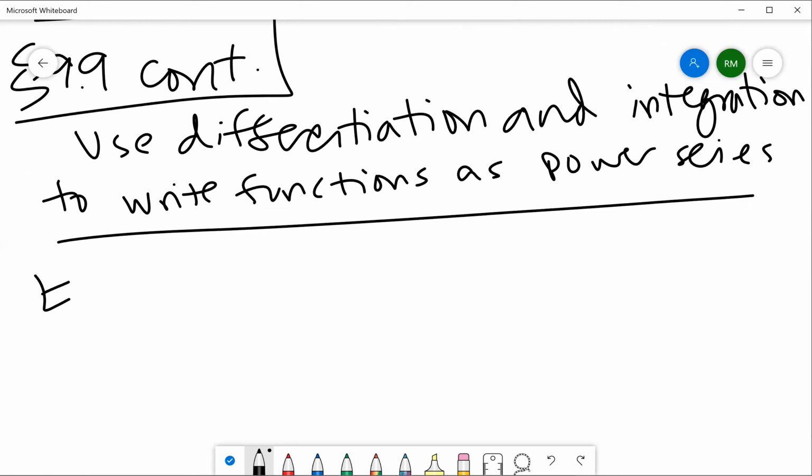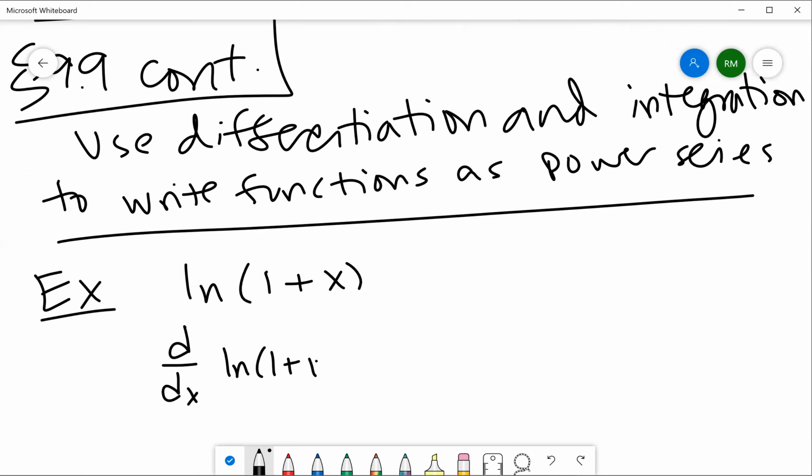And this example is the natural log of 1 plus x. So we don't know what the power series is for this function, but let's take a look at its derivative, which is 1 over 1 plus x, which is 1 over 1 minus a minus x.